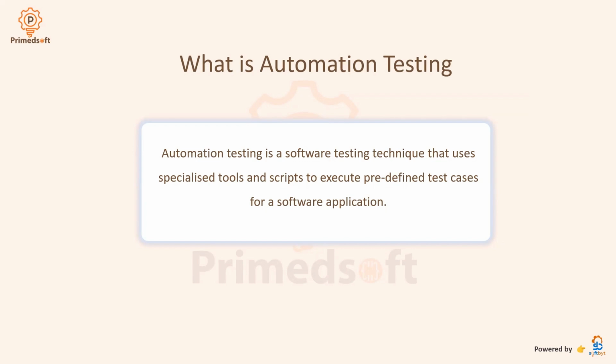It's nothing so different. It's just using software tools and test scripts that you've written in a particular programming language to test your software application. So it involves creating scripts or test cases that can be run automatically rather than requiring manual effort.